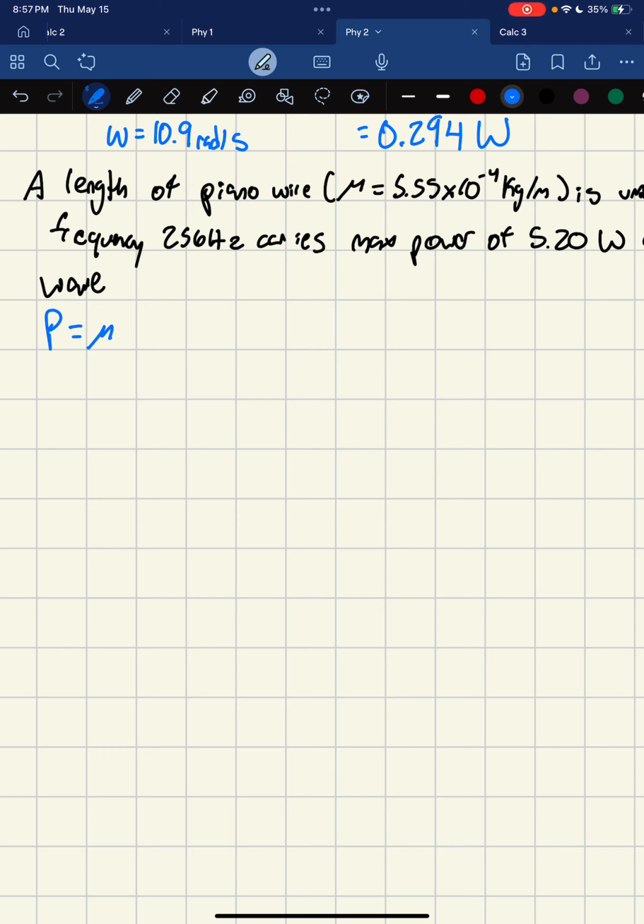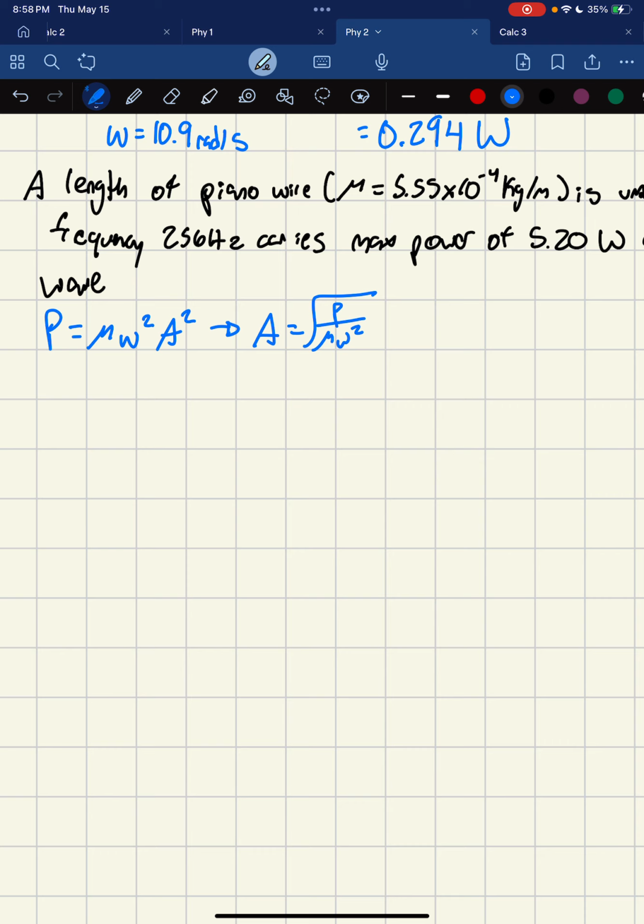You know, the linear density multiplied by the angular frequency squared times the amplitude squared. And since I'm finding my amplitude, I'm going to rewrite this as A is equal to square root of P over linear density times angular frequency squared.